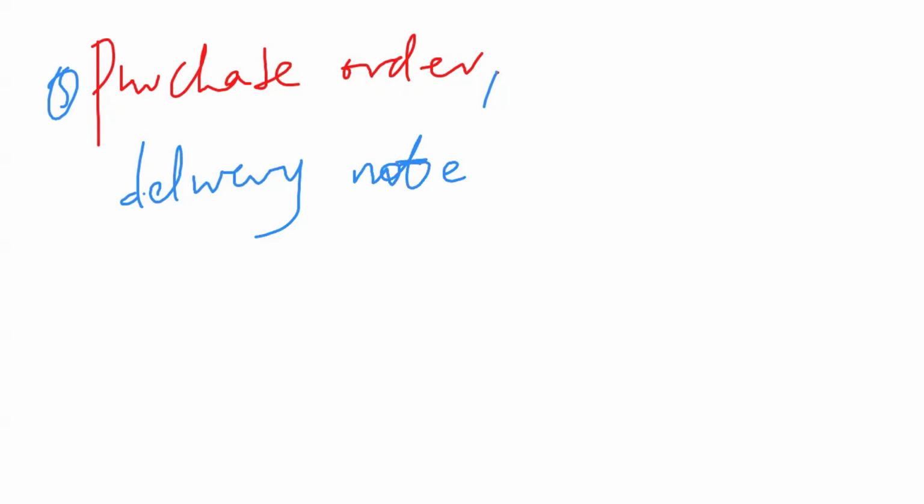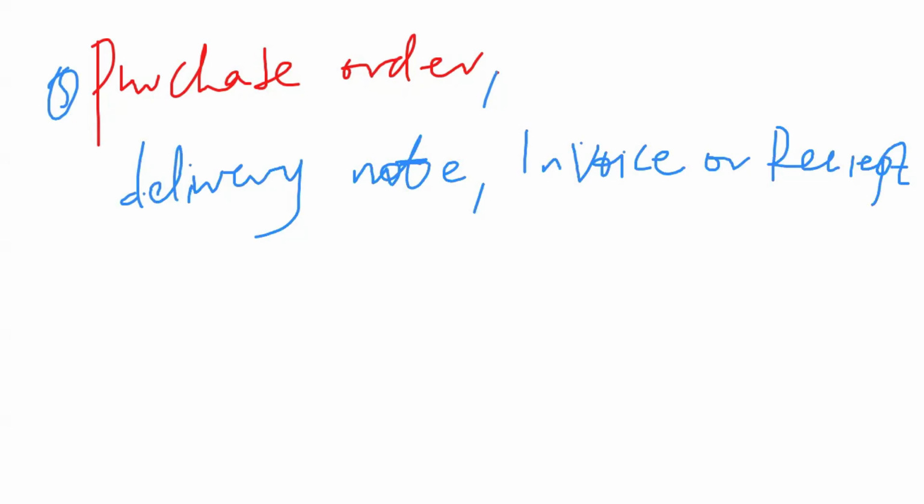It will come with a document called a delivery note, alongside a document called either an invoice or a receipt. Because it doesn't mean that you are supposed to be receiving invoices all the time.